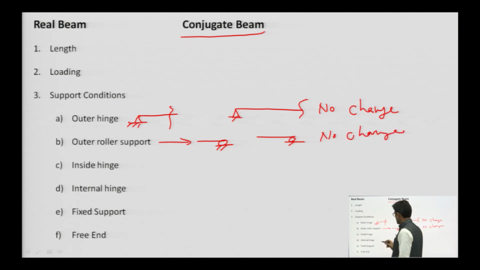Inside hinge means this type of thing, where on either left and right side we have the structure. In the conjugate beam it will be replaced by an internal hinge.